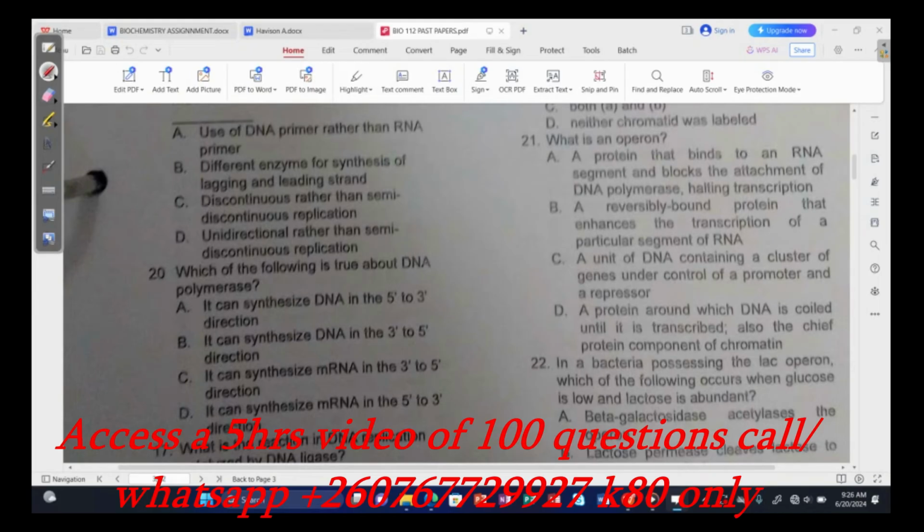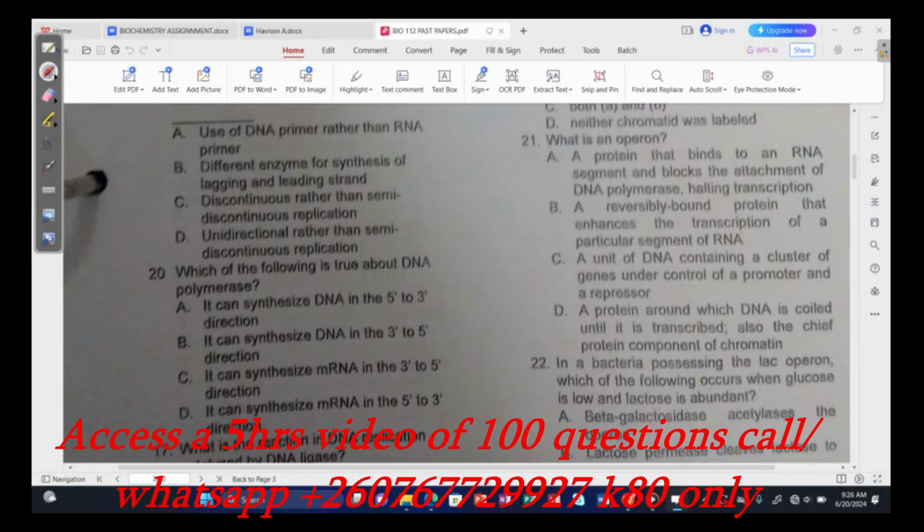C is saying a unit of DNA containing a cluster. A cluster is also known as a unit of genes under control of a promoter and a repressor. So this is what defines an operon. Then D is saying a protein around which DNA is coiled. So the coiling of DNA has to do with histones and not an operon. So D is also false. So the correct answer here is option C.